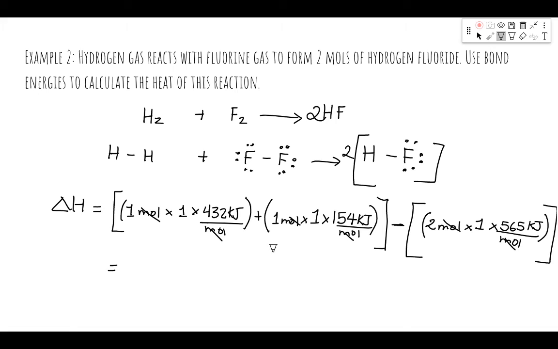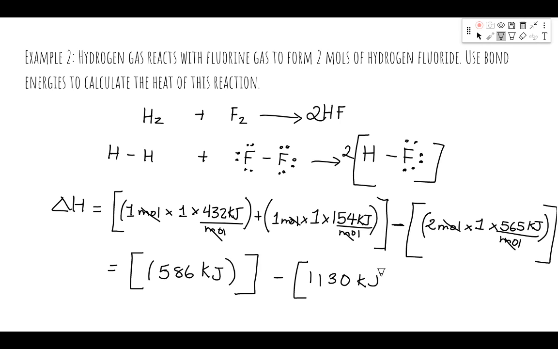Now, when I find the energies, the total energy of the bonds broken comes out to be 432 plus 154, which is 586 kilojoules. And notice it's kilojoules because the moles have now canceled, minus 1130 kilojoules.